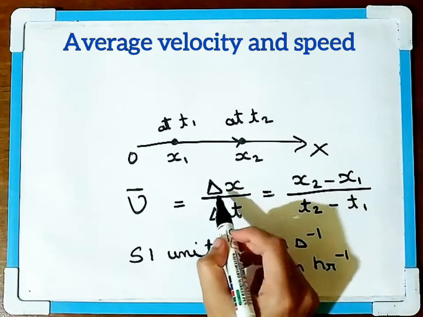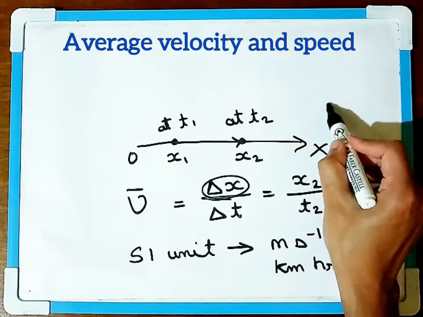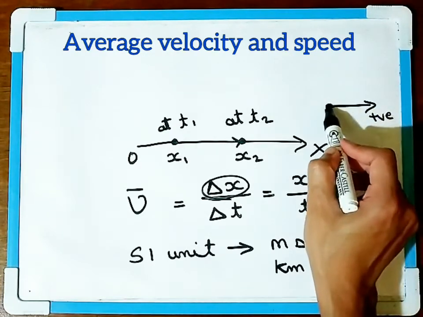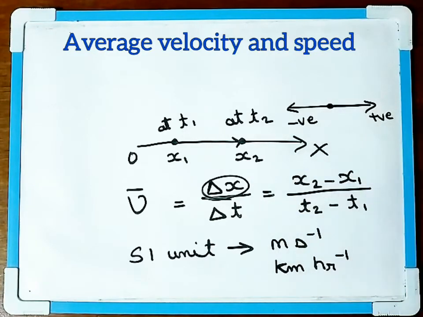Now, like displacement, delta x is a vector quantity. It has got magnitude and direction. So average velocity or velocity also is a vector quantity, and it has direction as well as magnitude. And as we've done earlier, if your object moves in this direction, then this is taken as positive. If it moves in this direction, then it is taken as negative, minus and plus.